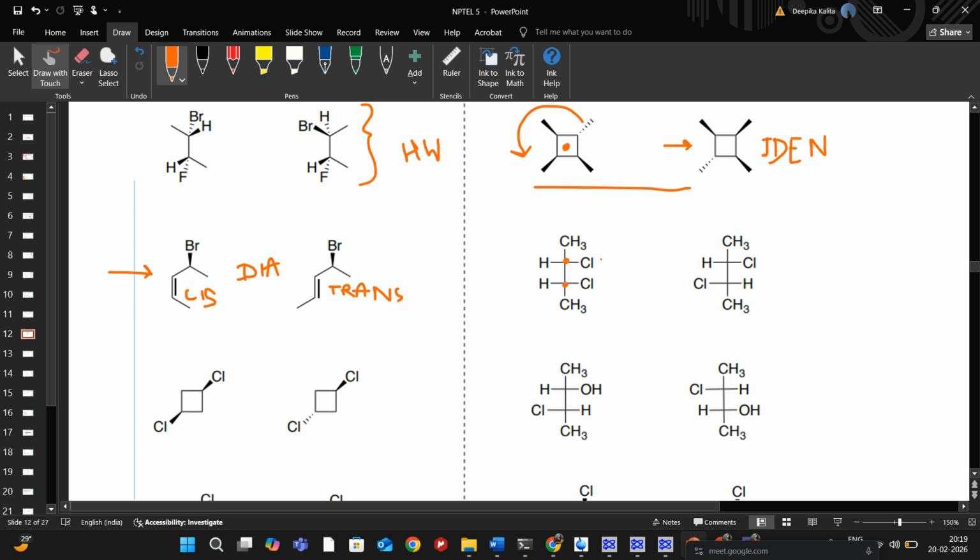So for this one, here it will be 1, 2, 3, and the configuration will be S. For the second carbon atom, it will be 1, 2 again, and 3. And the configuration will be R.